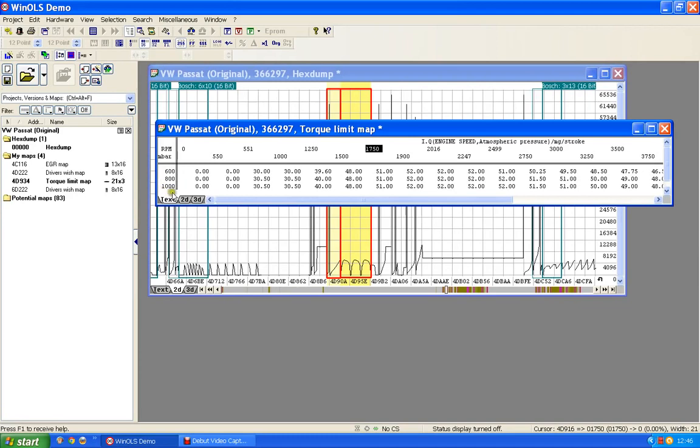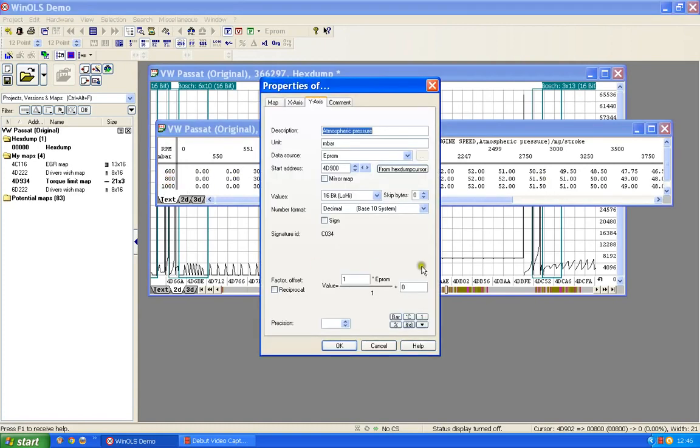What are these? Unless you've looked this up or looked at the little sign above, you'd be hard put to guess what 600, 800 and 1000 are. We've got 3 rows. I'll double click on them, and what they actually are is atmospheric pressure measured in millibars. So we've got a choice of 3 air pressures: 600, 800 or 1000.